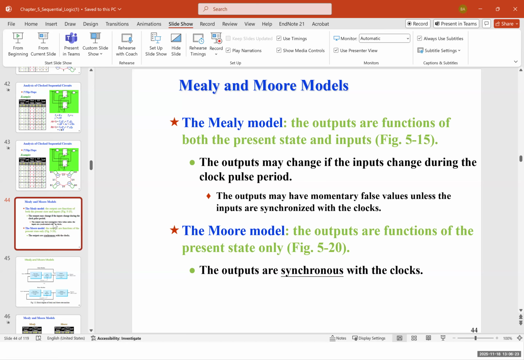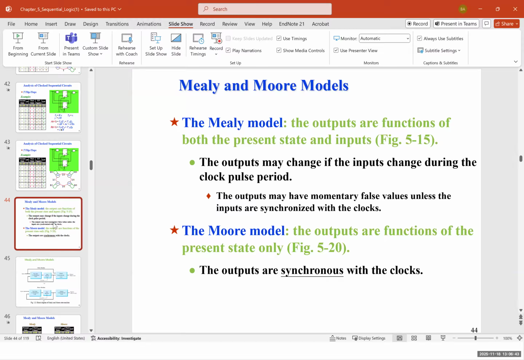The outputs may change if the inputs change during the clock pulse period. The outputs may have momentarily false values unless the inputs are synchronized with the clocks. In the Moore model, the outputs are a function of the present state only.